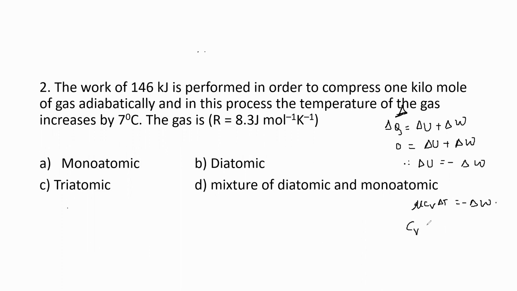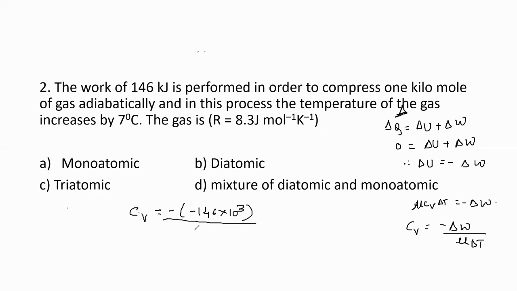I'll simplify this equation for CV, which is equal to minus delta W divided by mu into delta T. Now we can substitute the values. CV is equal to minus into bracket. As we are doing the work on the system, it will be minus 146 into kilo, therefore 10 raised to 3, this entire divided by mole.